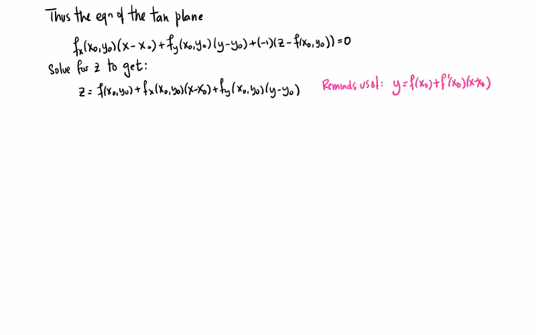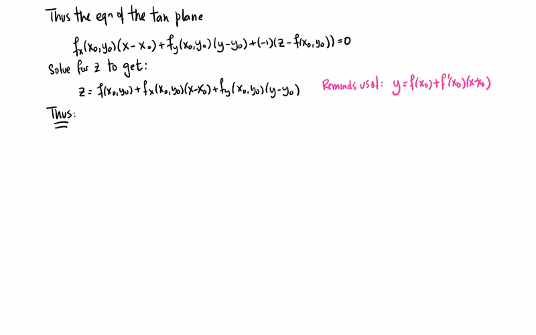So take a look at those two. They're very similar. In the right-hand case, in the pink case, we've got f at the point plus the slope times the difference between the x's. In this case, we've got f of the point plus the derivative with respect to x times the difference between the x's plus the derivative with respect to y times the difference between the y's. So we've just ramped it up to include this extra variable. Thus we can finally make a claim.